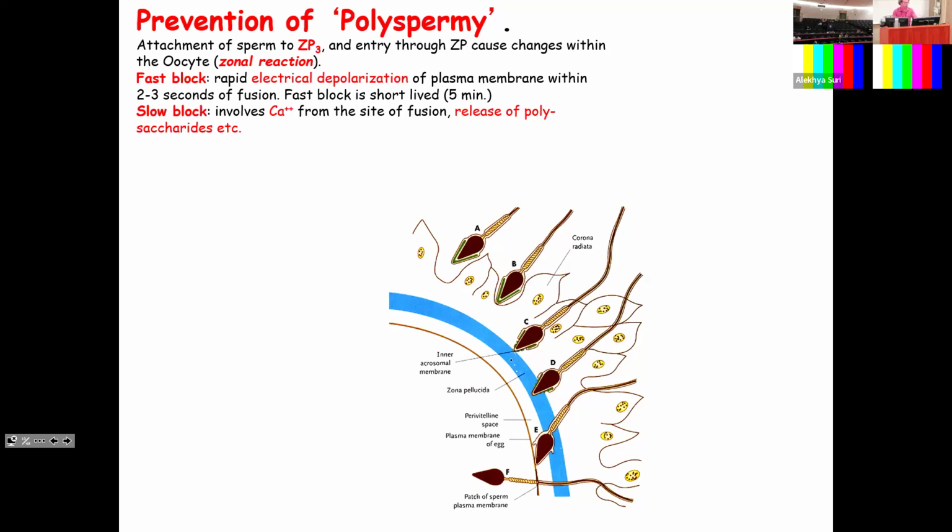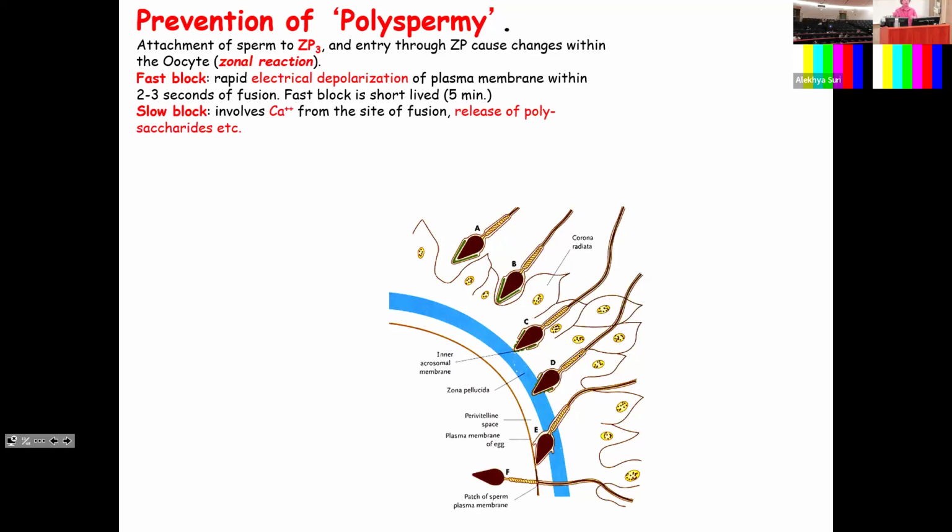First, it needs to bind to the zona pellucida, okay? But all of them may be close to that. But as soon as one of them binds, there is a process, again, that is called zonal reaction, in which the membrane of an oocyte suffers some alterations.